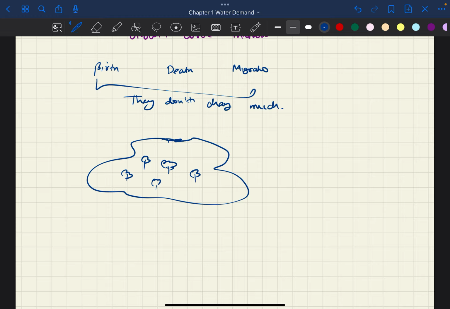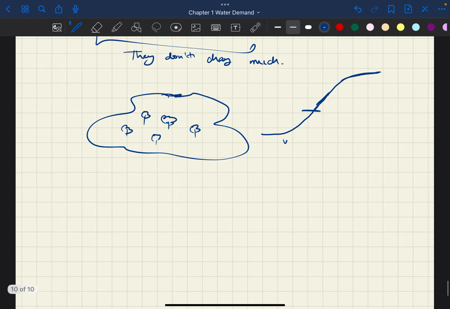Initially it will grow at a logarithmic rate, then it will stagnate, and then it will continue to reach a constant value. So this is low growth. This is linear, and this is double derivative d²P/dt² less than 0. In this it is equal to 0, and in this it is greater than 0.